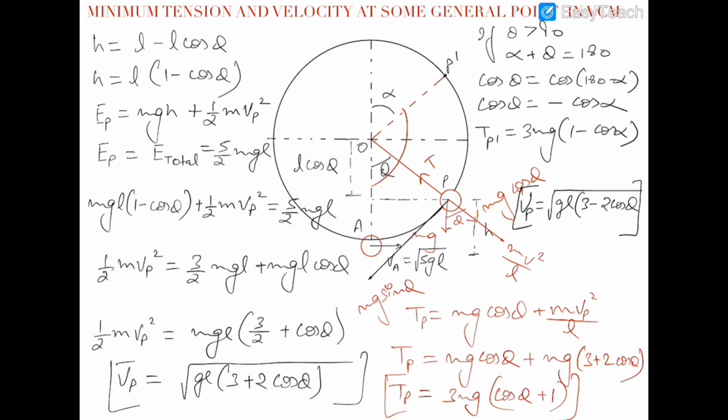Now if we substitute the value of alpha for position D, then for D this alpha will be 0 and cos 0 will be 1. Therefore at position D the tension will be 0, and we already know that the minimum tension at position D is 0.